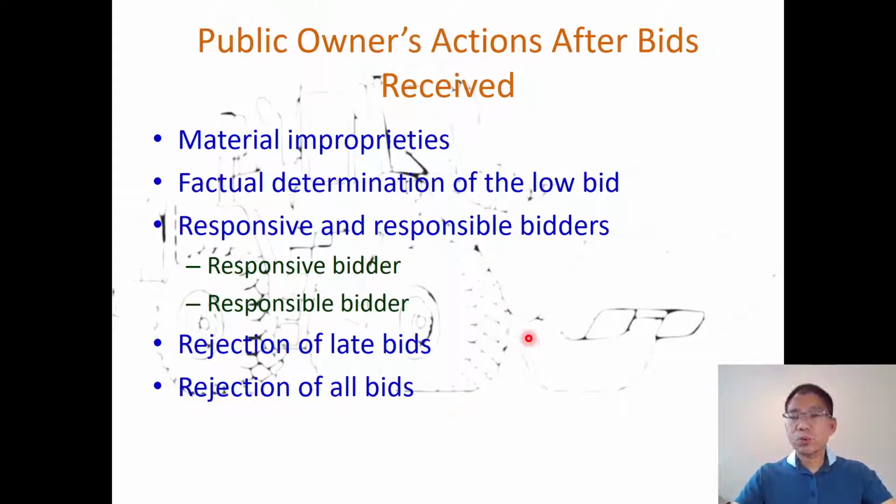And of course, if anyone submits late, the owner can reject the late bid. And if all the bidders, even though they are responsive and responsible, bid higher than the budget imposed by the public owner, the public owner may have the right to reject all the bids and maybe advertise later on.